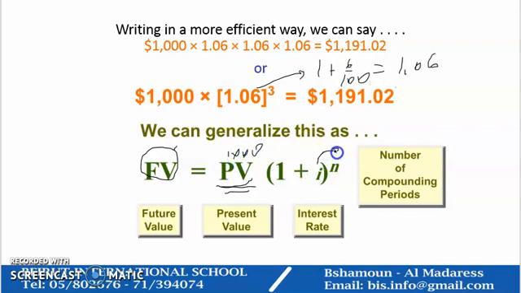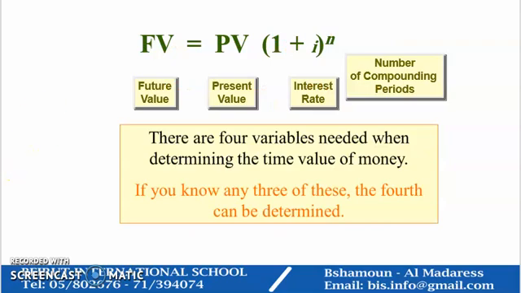This is the interest rate, and this is the number of periods. So in this case we have 4 unknowns: the future value, the present value, I, which is the interest rate, and the number of compounding periods. If we know any 3 of these 4 unknowns, we can calculate the fourth one.